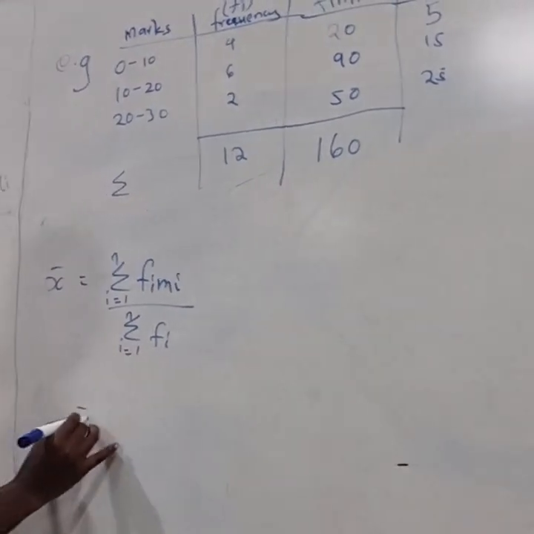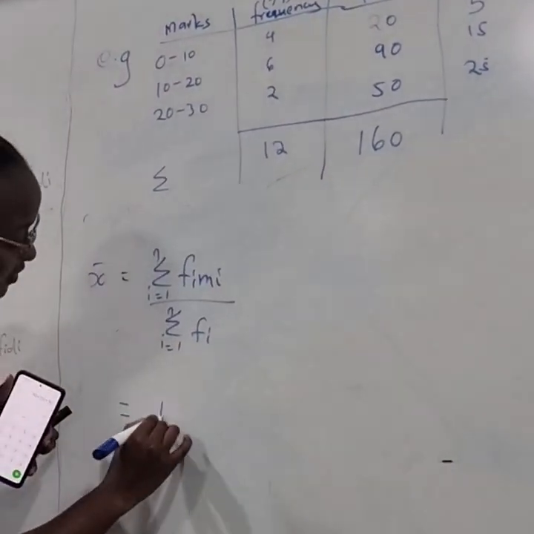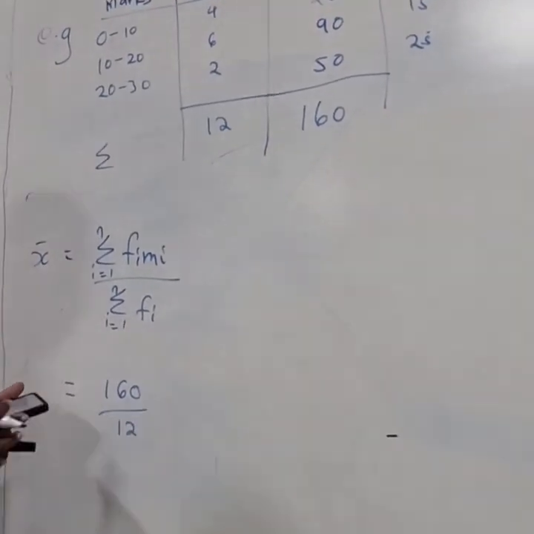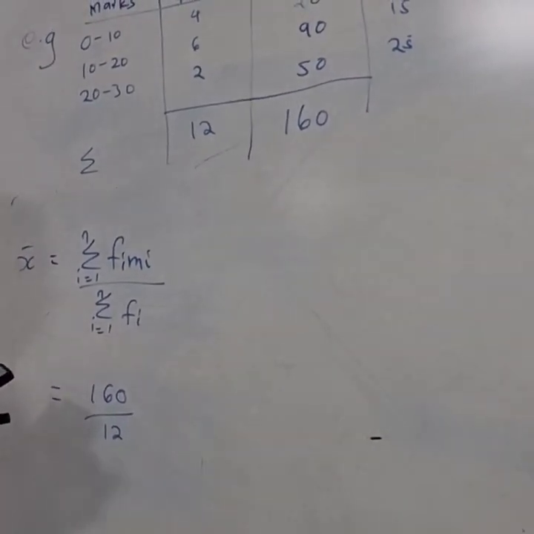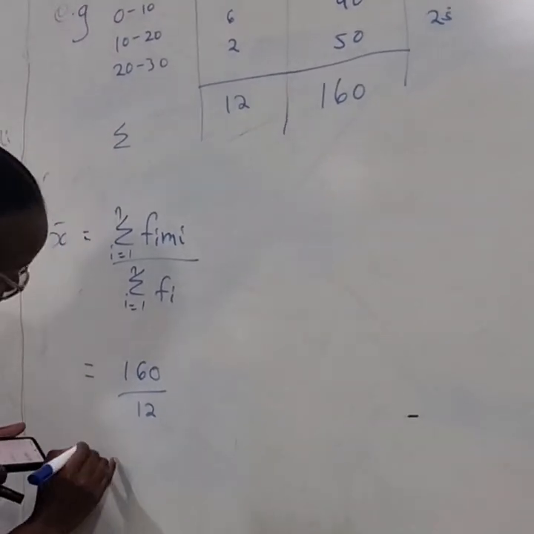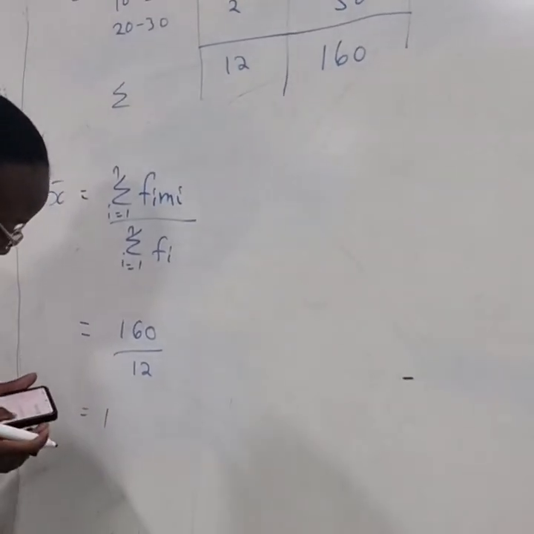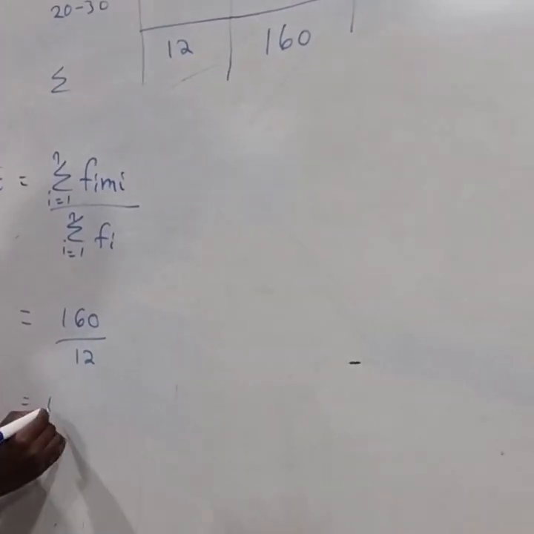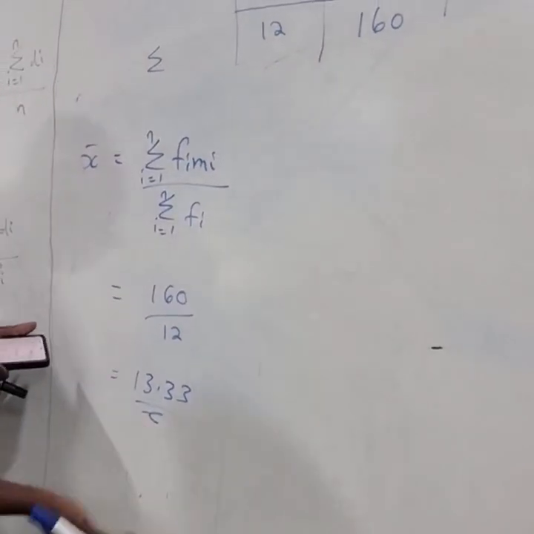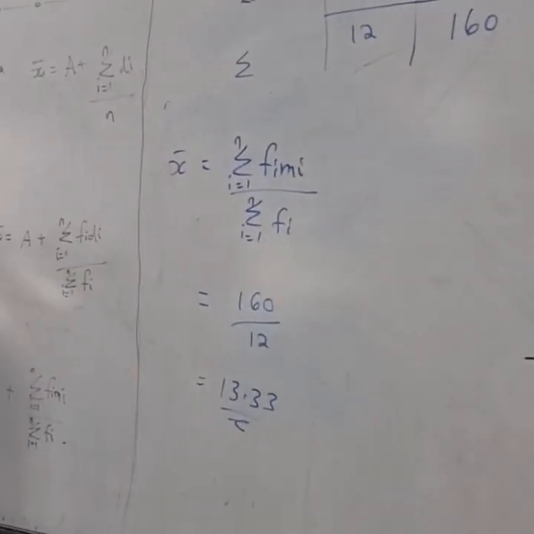So you substitute your values. The summation of fi mi is 160, divided by the summation of fi, which is 12, which gives you 13.33. So this is your mean when you're using the direct method.